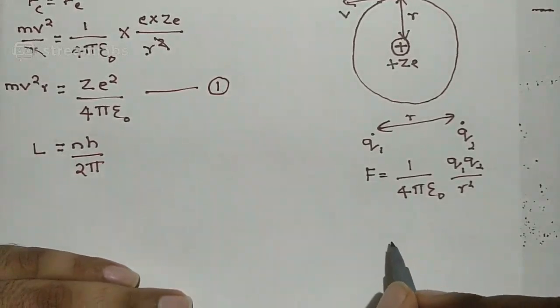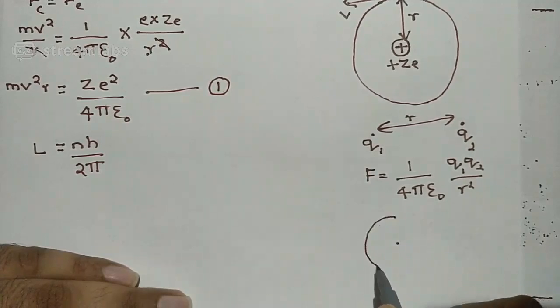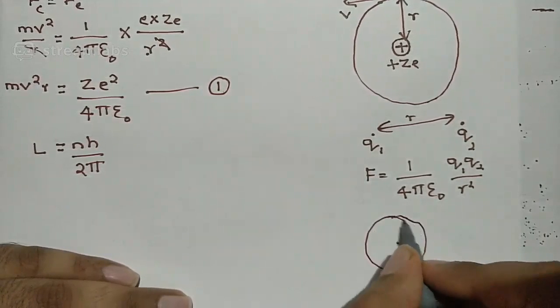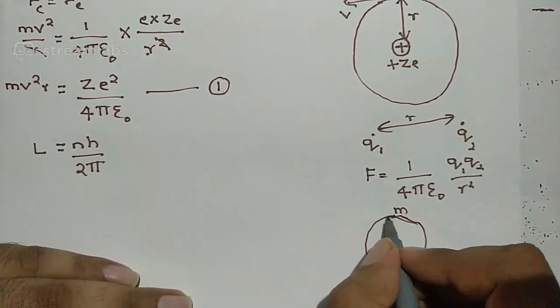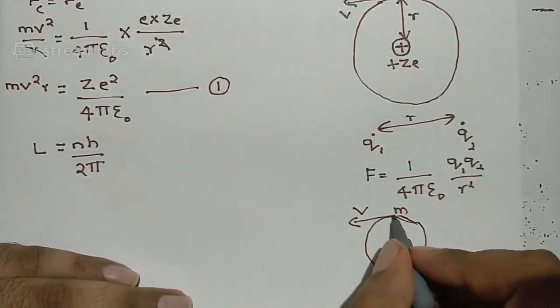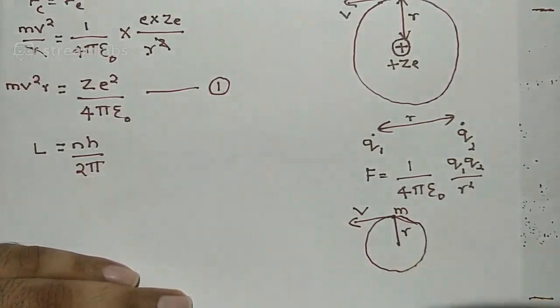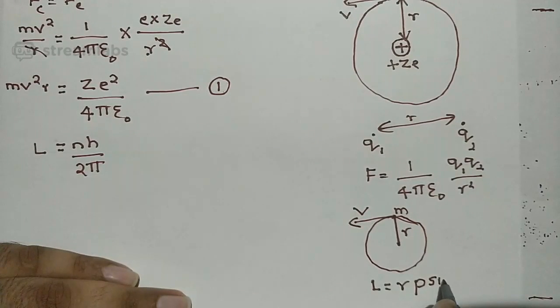If a body is moving in a circular path and its mass is m, speed is v, and its distance from the fixed point is r, what is the expression for angular momentum that you have studied in rotational mechanics? r into p into sin theta, r cross p. So here the angle between r and v is 90 degrees.